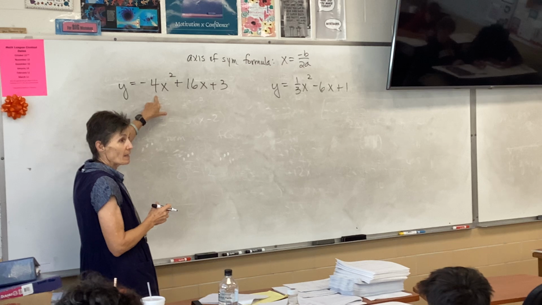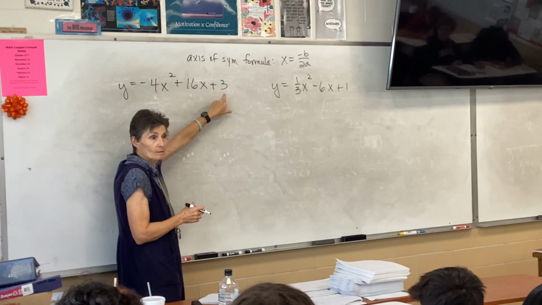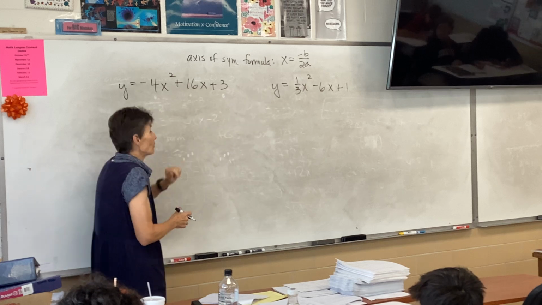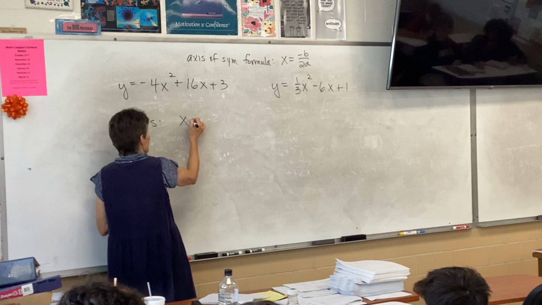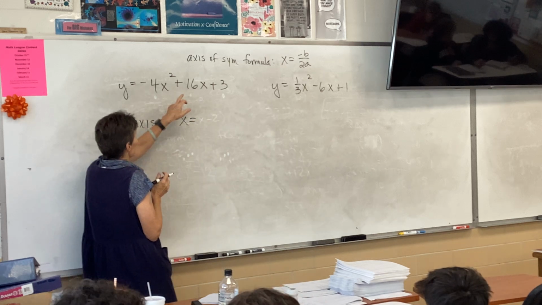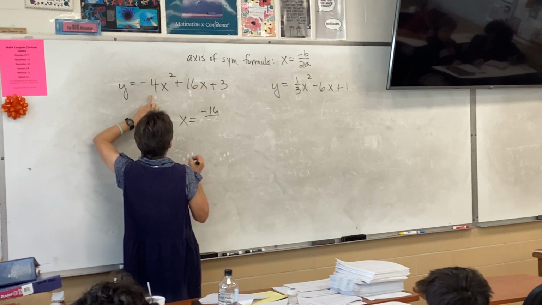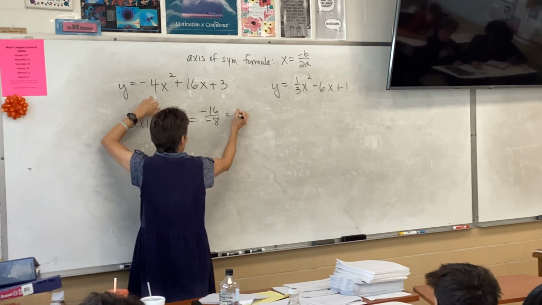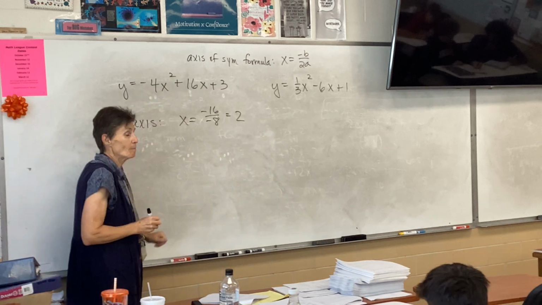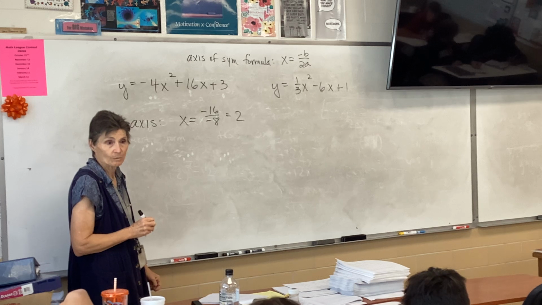So this would be a, b, c. All right? So, axis of symmetry is going to be x equals negative b over 2a. So my axis of symmetry is x equals 2.